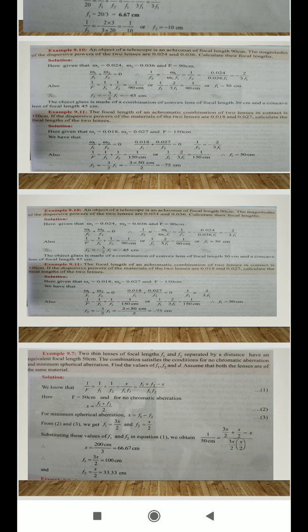By putting these values of f1 and f2 in equation 1, we can find the value of x, the distance between the two lenses, which equals 66.67 centimeter. Now putting this value of x in the formula f1 equals 3x by 2, we can find f1, and f2 is 33.33 centimeter.